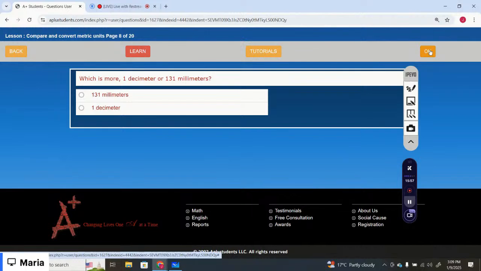Which is more, 1 decimeter or 131 millimeters, which is the correct option? 131 millimeters is more because in 1 decimeter you have 100 millimeters, right?